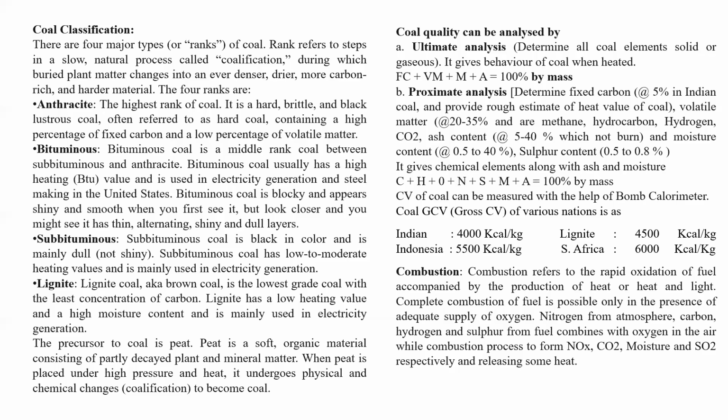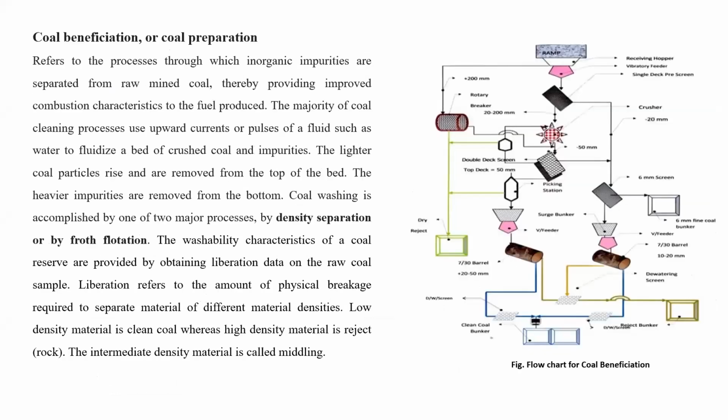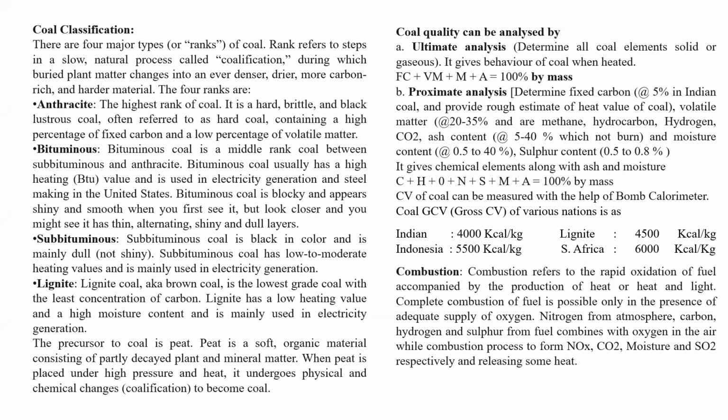Coal, as you know, is one of the important fuels used in the thermal power plant. There are four major types of coal that can be classified: A, B, C, D. Nowadays we are having E, F grades also.